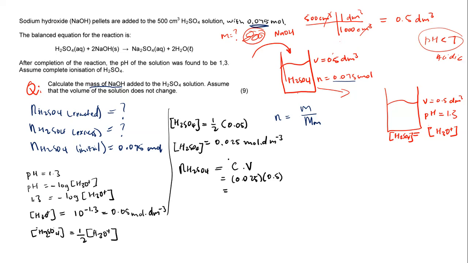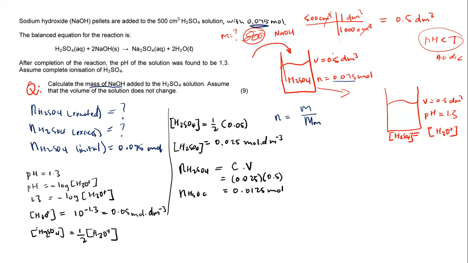I punch 0.025 multiplied by 0.5, and I get 0.0125 moles.